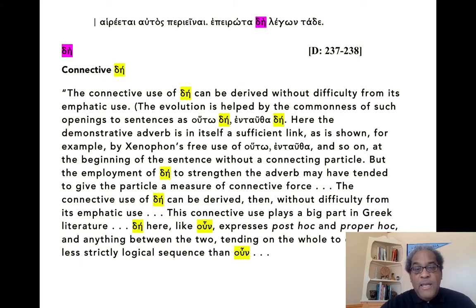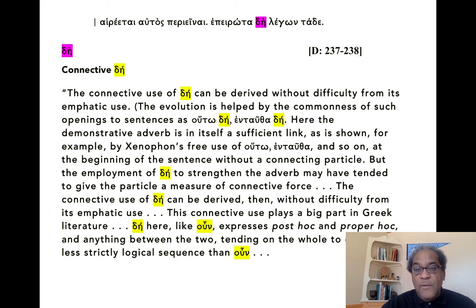But the employment of de to strengthen the adverb may have tended to give the particle a measure of connective force. The connective use of de can be derived then without difficulty from its emphatic use.